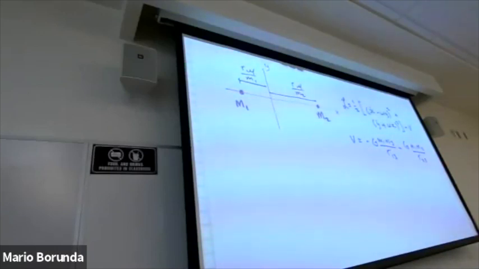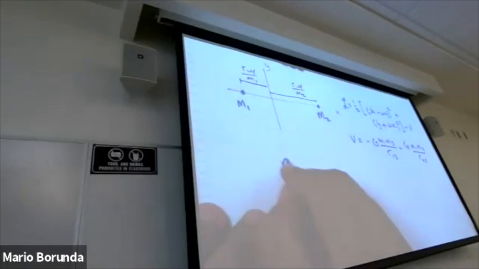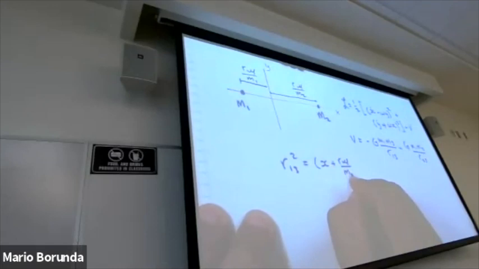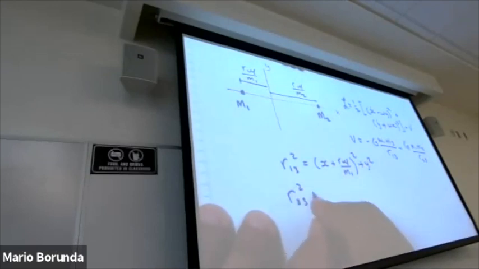And we have two distances. Separation 1, 3 is ... and separation 2, 3 is given by this equation.